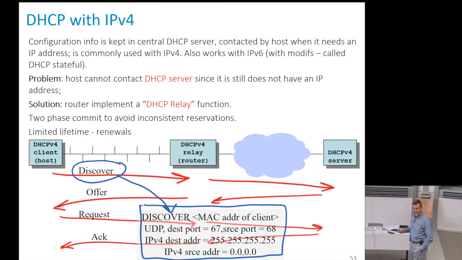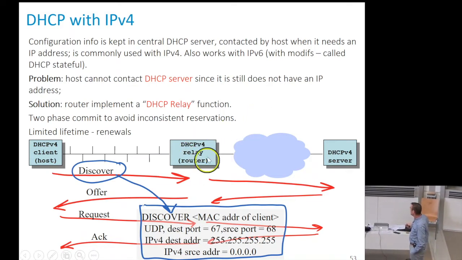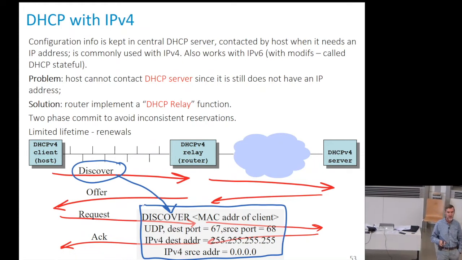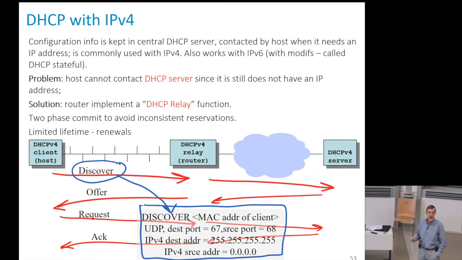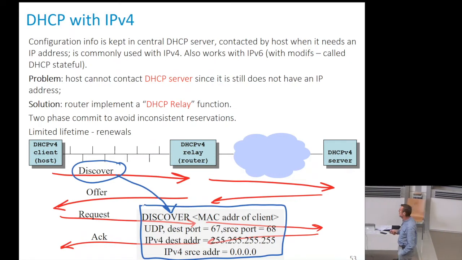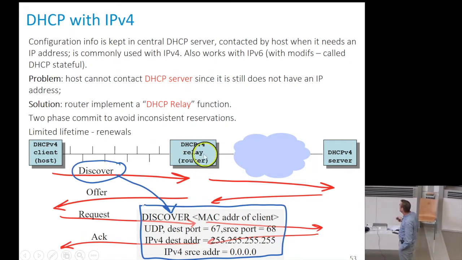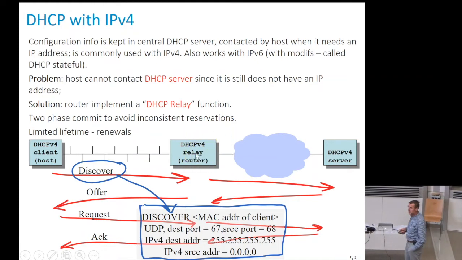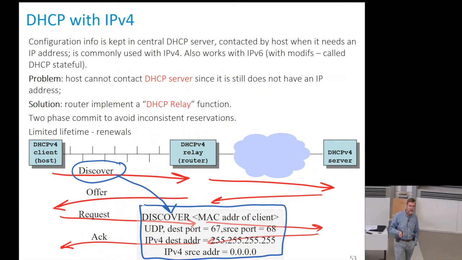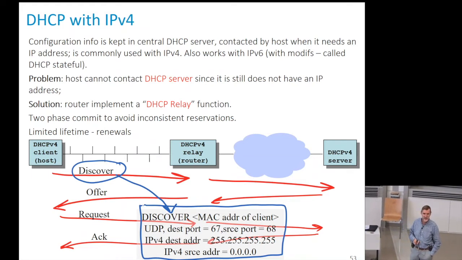So this is solved by having an intermediate system of DHCP, which is called a DHCP relay. We can think of it as an intermediate system of the application layer. You can view DHCP as an application that simply relays the messages. This function, DHCP relay, is typically implemented in Ethernet switches and in ADSL modems.